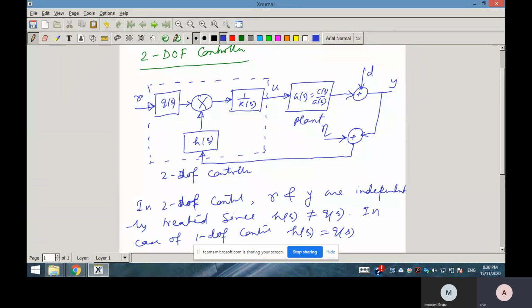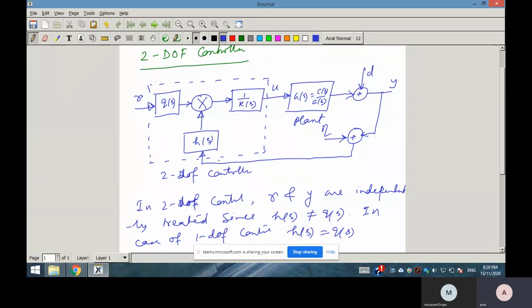So the main difference is that here the operators Q(s) and H(s) are different. Operator Q(s) operates on the reference input, and the polynomial operator H(s) operates on the measurement output. So this is your measurement output, and they are treated independently.